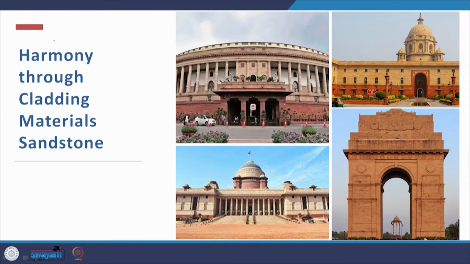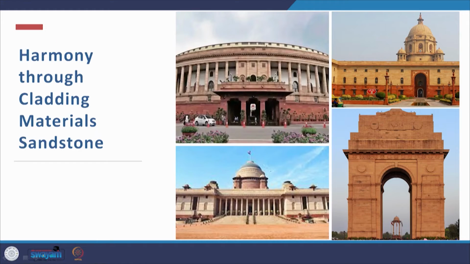Now there is another way in which we harmonize architecture, particularly in urban design and city planning, and that is through the harmony of cladding materials. The Parliament building is circular, and the Secretariat building, the Rashtrapati Bhavan, big neoclassical monumental scale buildings, India Gate itself has its language, all of them are neoclassical.